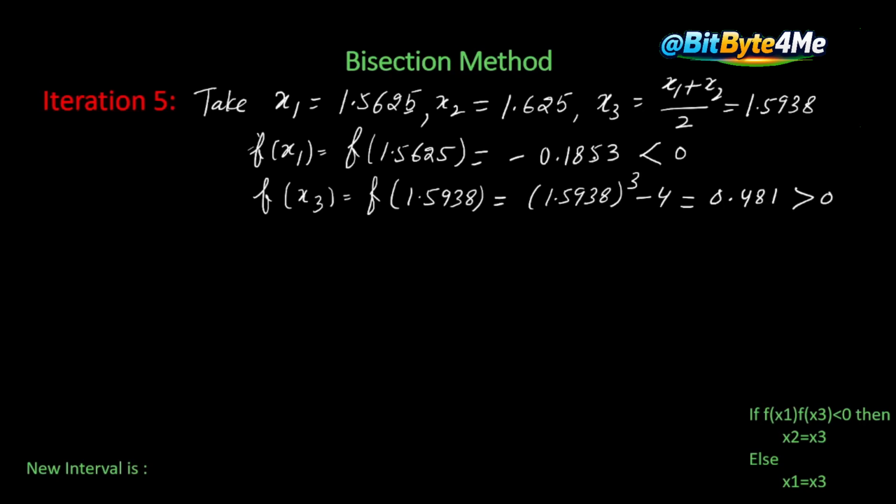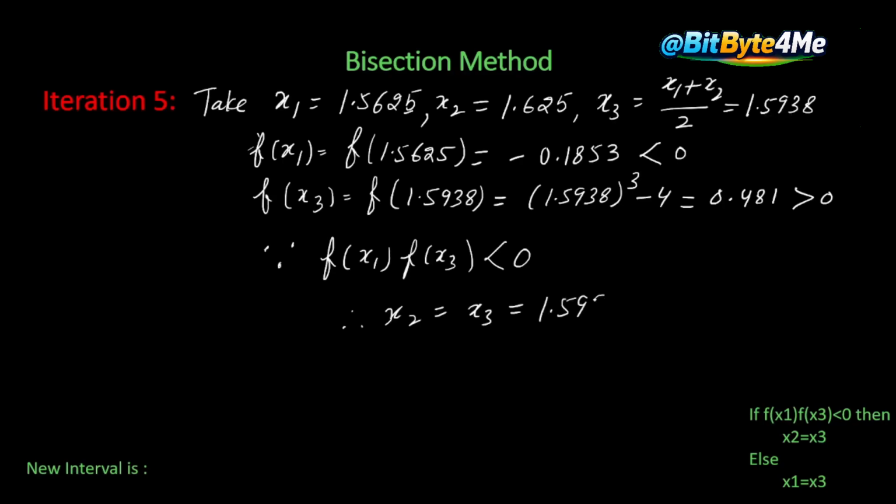So one value is negative, f of x1 is negative, f of x3 is positive, multiplication will be negative. So f of x1 multiplied by f of x3 is less than 0. Therefore, if this is less than 0, the value of x2 will change. So x2 will take the value of x3, which is 1.5938.